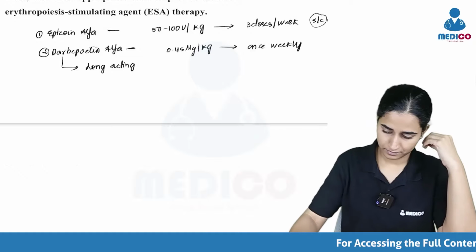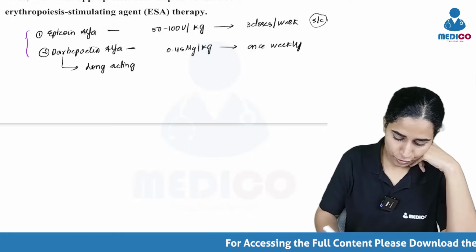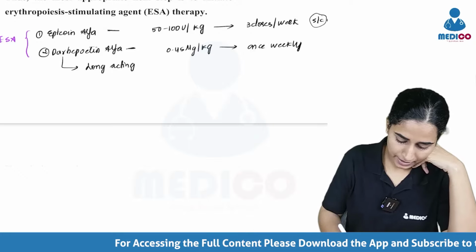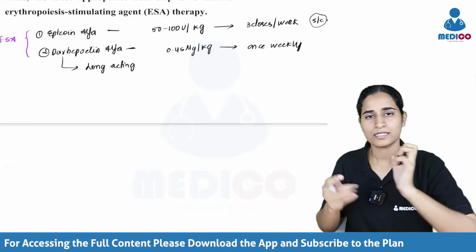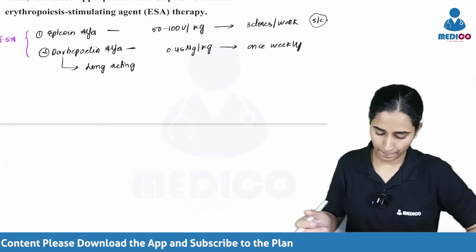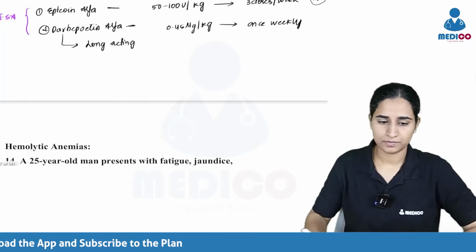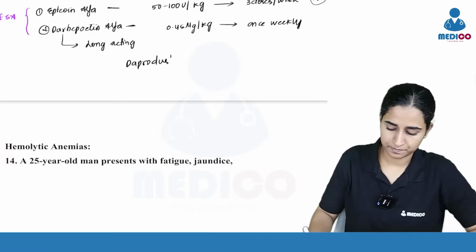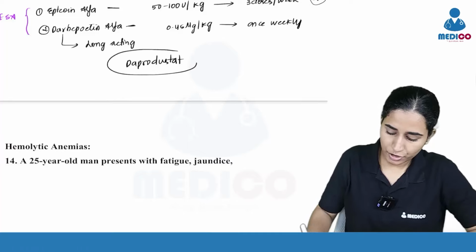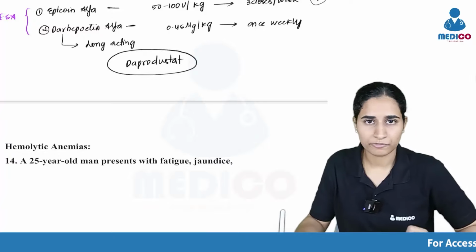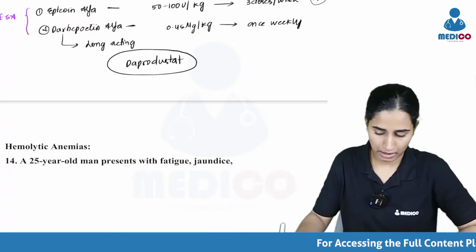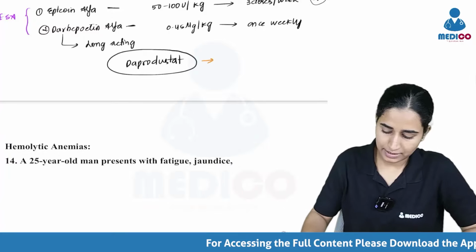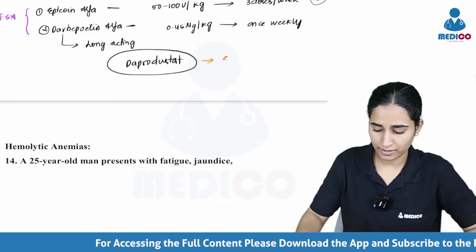Okay. These are erythropoietin stimulating agents. This will stimulate the erythropoietin. There is one more drug called daprodustat. This is a newer FDA approved drug for CKD with anemia, and this is an endogenous erythropoietin stimulator.